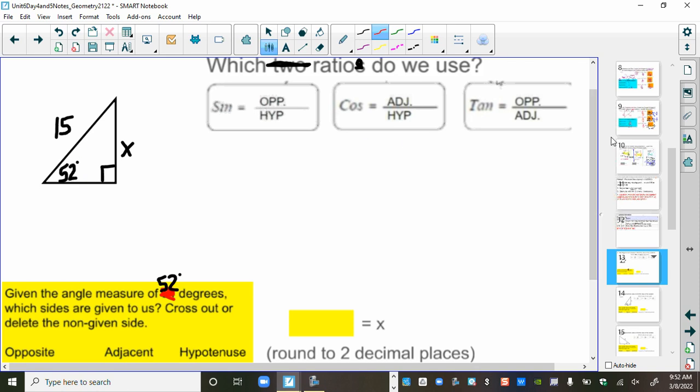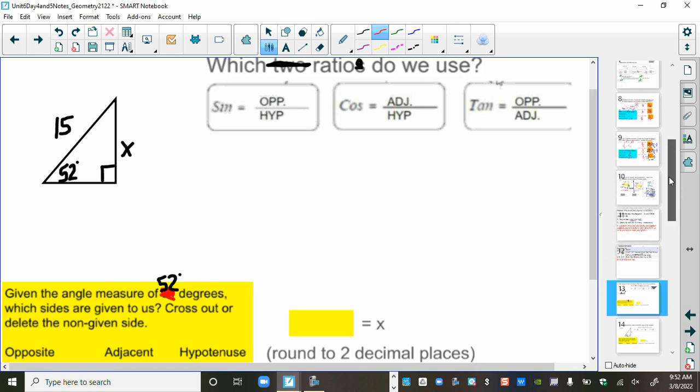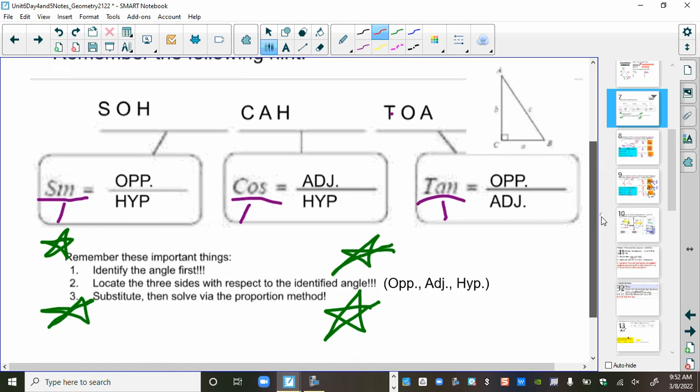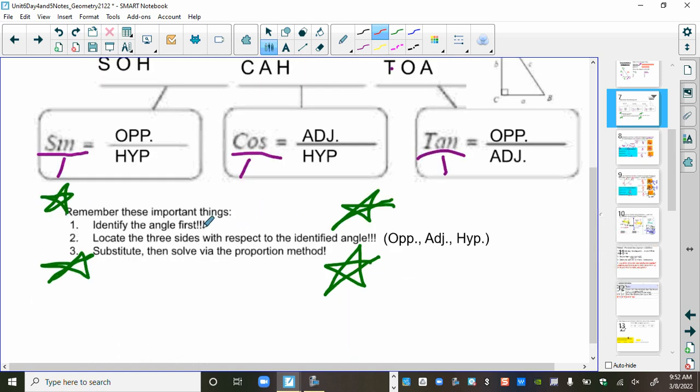We need to go back here. Look at this slide. We had the three. Identify what first?